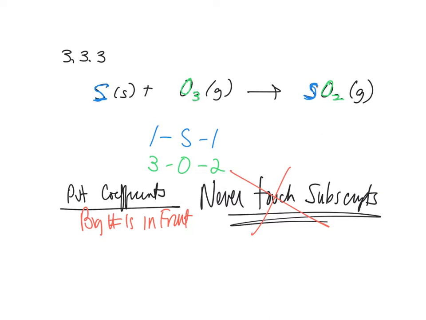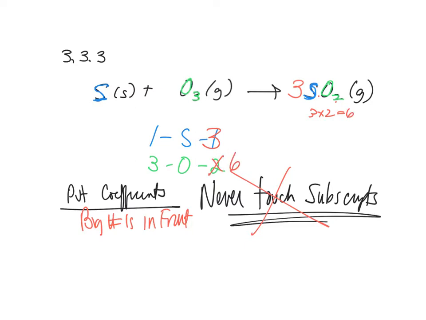And so here we have a 3 and a 2. So if I put a 3 in front of here, and this is an imaginary 1 there, so that is 3. So now we have 3 sulfur, and what's 3 times 2, because you multiply those, 6, so we have 6 oxygen.